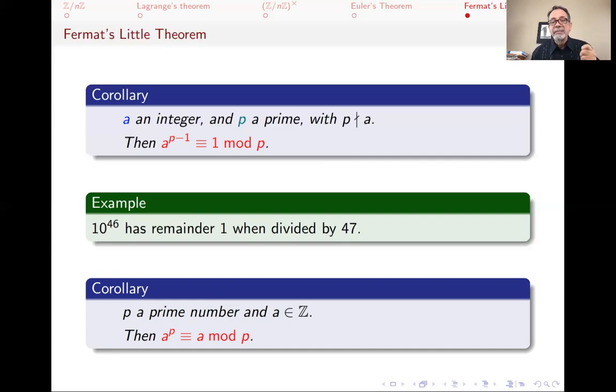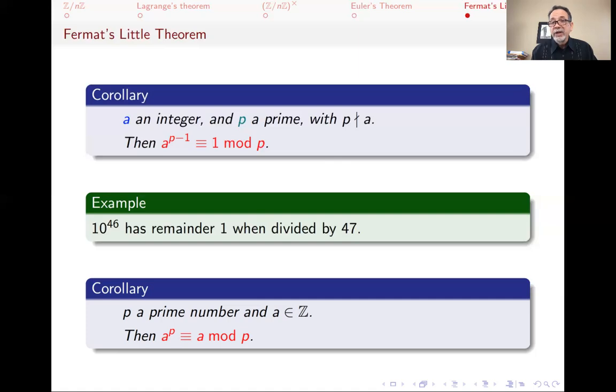Why is a to the p minus 1 congruent to 1 mod p when a is an integer and p is a prime and p doesn't divide a? Well, the reason is that if you look at the units in Z mod pZ, there's p minus 1 of them, and they form a group of order p minus 1. And if you take any element in there and raise it to the size of the group, you get 1.